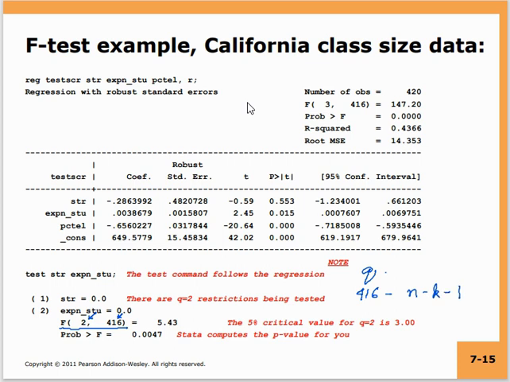Okay, so basically you have 420 over here, and in the unrestricted, if you took all the variables, then you have 3 variables, so 420 minus 3 minus 1, that is 416. So, the F statistic is associated with actually 2 degrees of freedom. One is the Q and one is the n minus k minus 1. Okay. So, this is how you will get your output according to the F statistic.